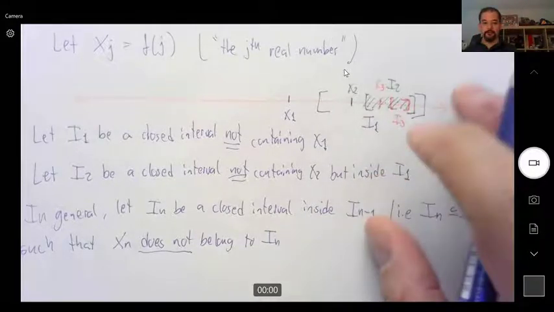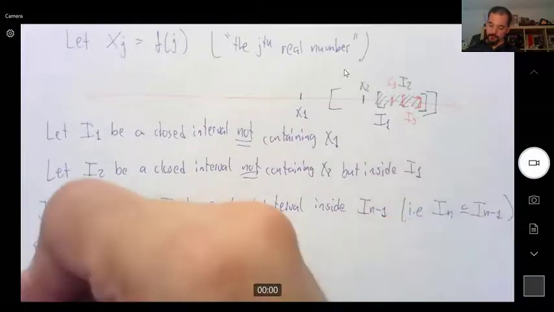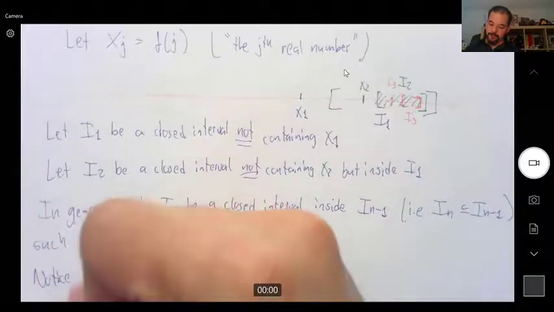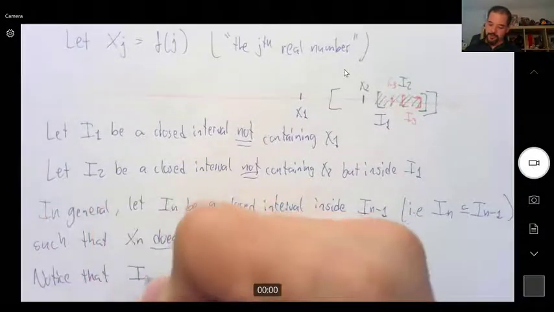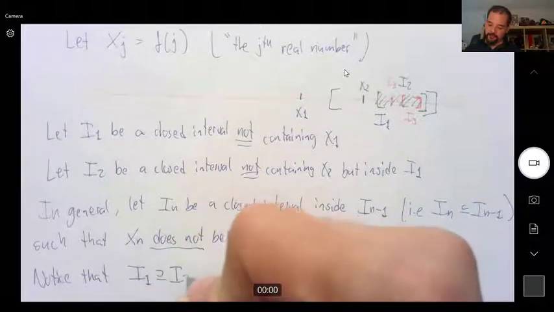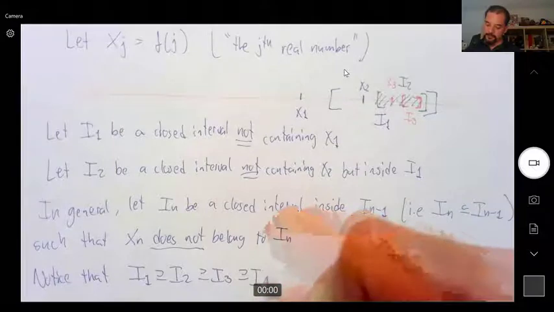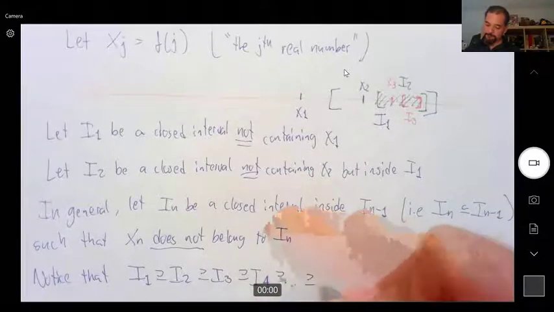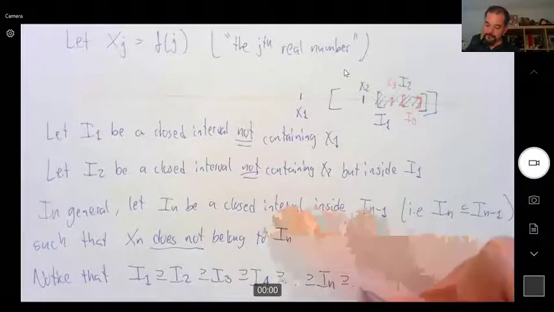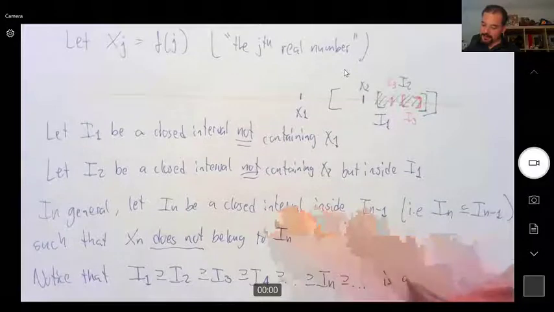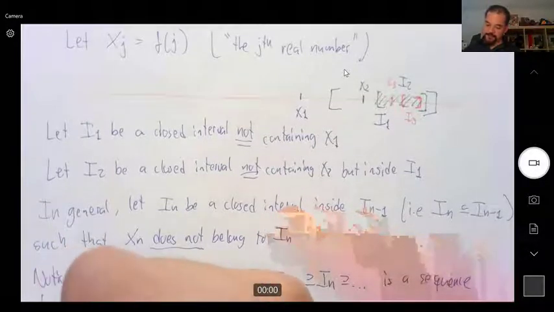So let's write that down. That's going to be important. So notice that we have I1 contains I2, which contains I3, which contains I4, etc. So this is a sequence of nested intervals.